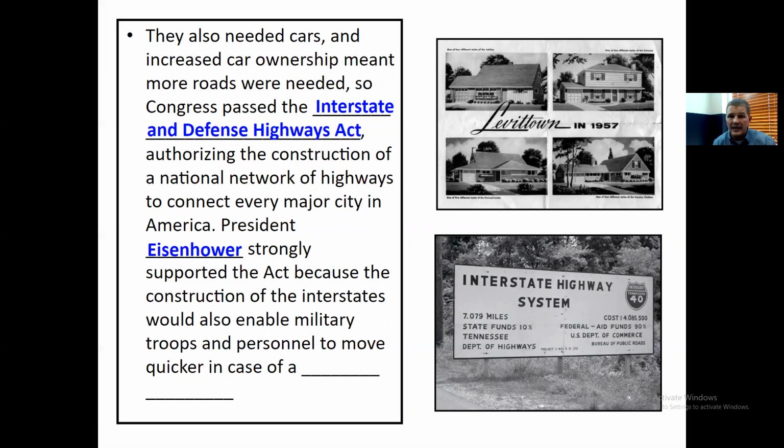And so he believed that if we had this interstate system, it would enable troops to move more efficiently and personnel to move quicker in case of a nuclear attack, which was a major concern at this time.